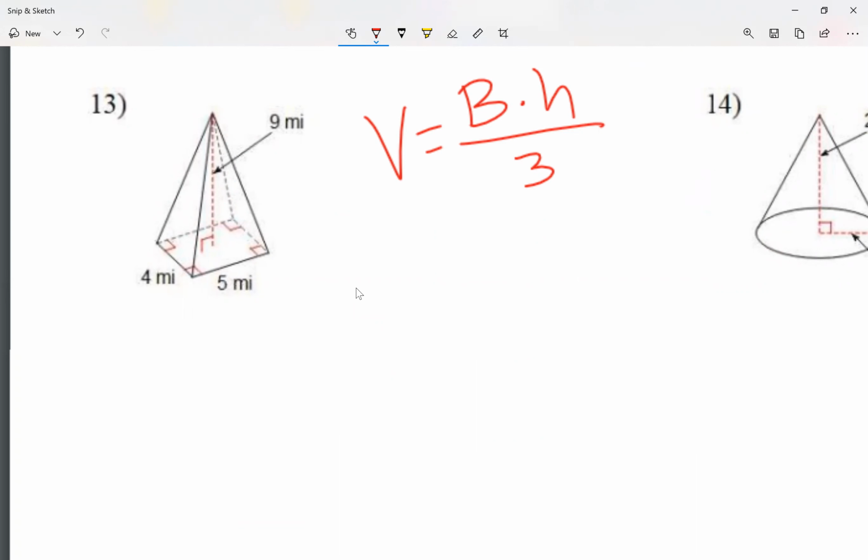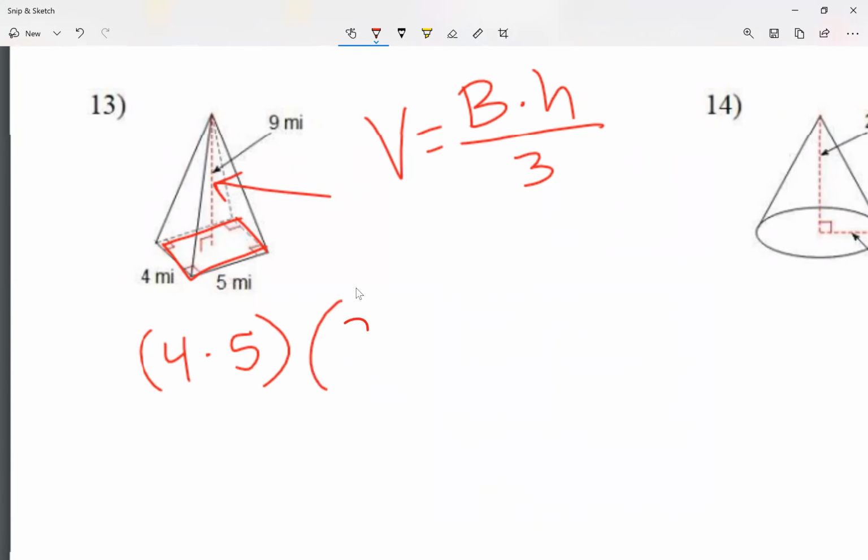So the base, I see it's a rectangle. It's a 4 by 5 rectangle. So I'm just going to go 4 times 5. That gives me the area of the base. The height, we can see this dotted line, and the measurement is 9. So the height of the pyramid is 9.